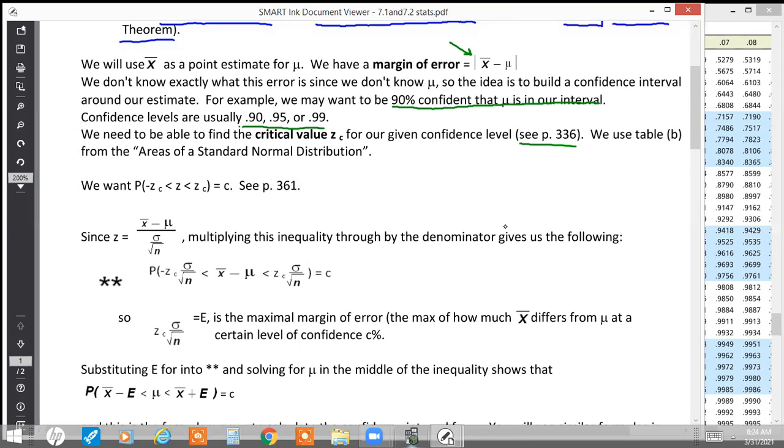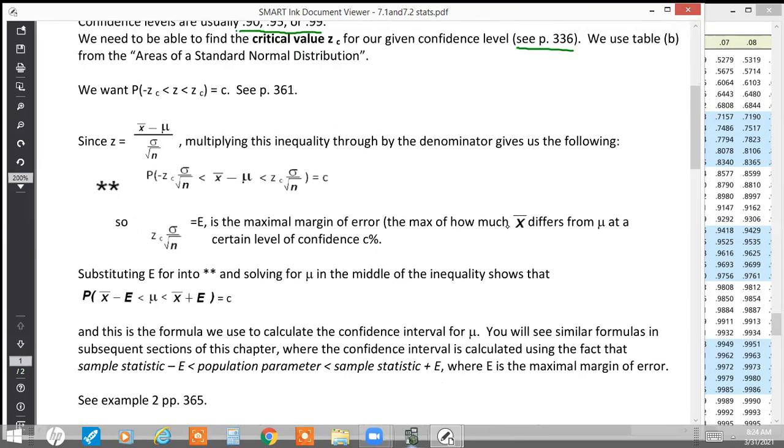A little bit of background developing what we want to do. You're not going to be tested on can you develop this formula or anything like that, but I want you to just see the reasoning behind it. We want the probability that Z is between negative Z sub C, some Z value for our level of confidence, and less than the positive of that Z sub C. We want that probability to equal C. And you can see on page 361 how this formula is developed.